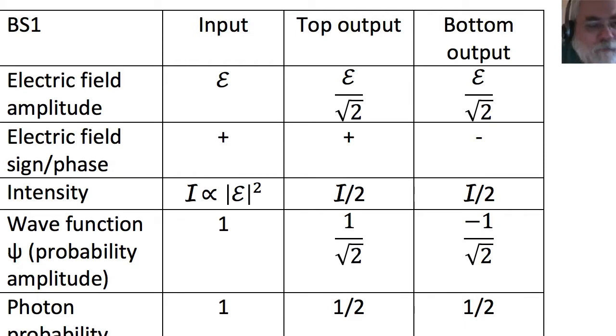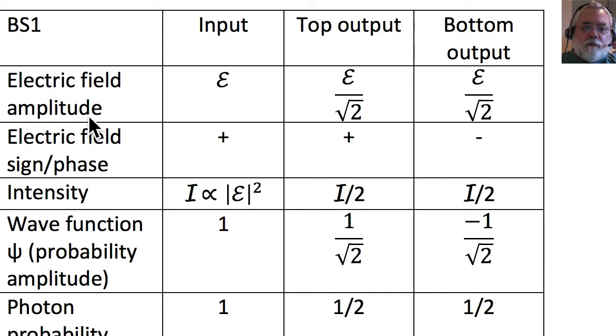Let's look at this table that explains what happens at beam splitter 1. We'll have 3 columns to the table: the input, which comes from the lower left, the top output beam, and the bottom output beam. And we'll look at different quantities that are present at the input and how they change at the outputs.